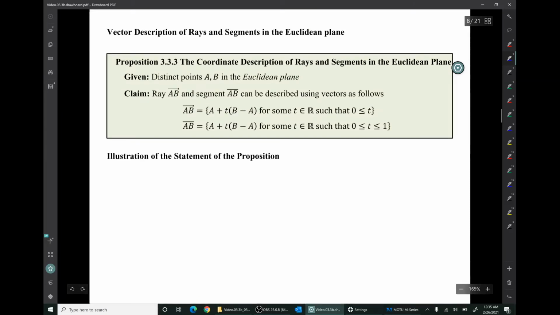Now that we've done the proof of this proposition and realize that it involves coordinates, I want to go back and illustrate the statement of this proposition.